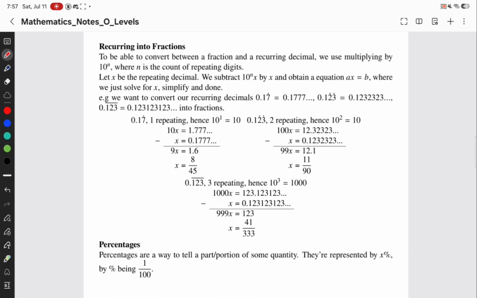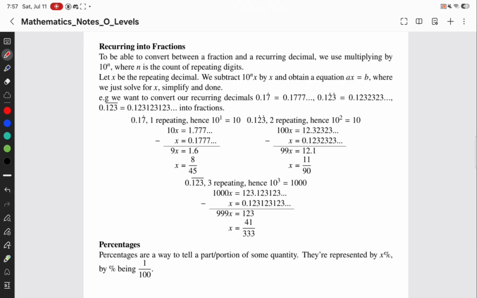Recurring into fractions. Now this question is answered in the practice file. I will give it to you guys. If you cannot do this, then I do not blame you, but you need to be able to know this. If you want, I can make a separate video for this.